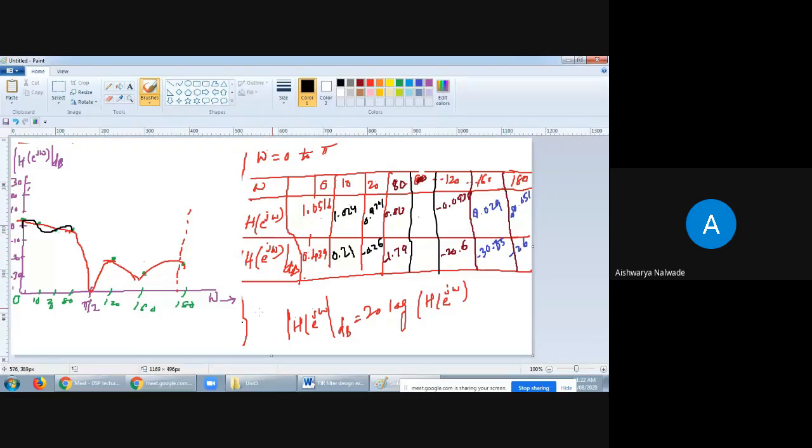Yes, sir. Have you noted all these graphs, madam? Tell me what you understood from this. Can you explain what you understood from this?